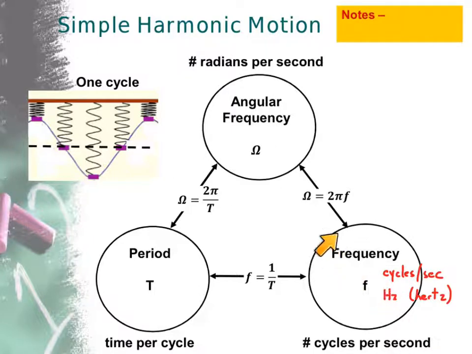That means you have to complete 2 pi radians per second if you're going to complete 1 cycle per second. Another way to think of it is just to do a unit conversion between cycles and radians.